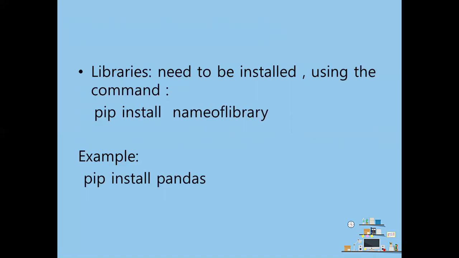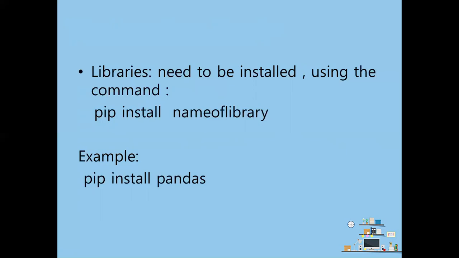Built-in and default libraries are there, using which we can access various modules freely. But to access specific modules, like pie plot and bar plot, we need to install those libraries.